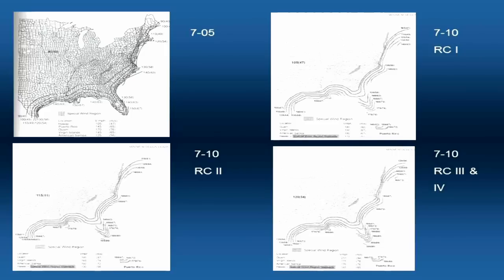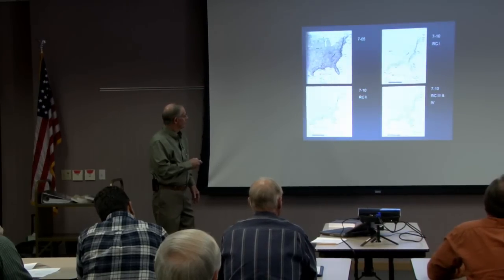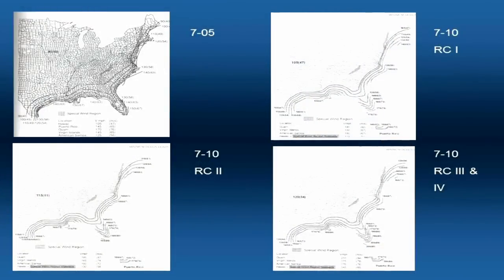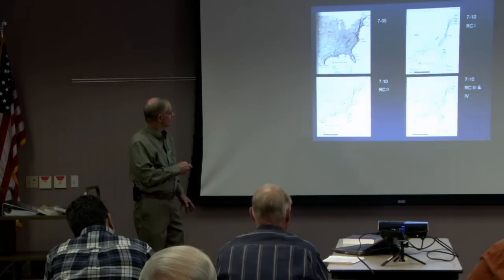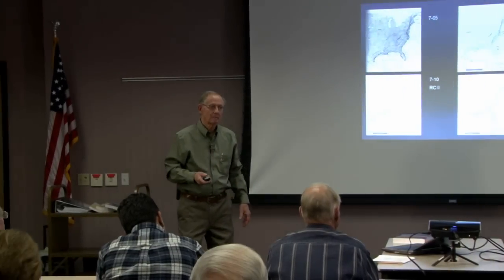In the ASCE 7-10, this is the risk index. We have a Category 1, a Category 2, and a Category 3 and 4 wrapped in this 3rd map. All of these maps have the same contour lines on them, but the wind velocities are higher on one than they are on the other. So we're going to end up with 3 different maps instead of 1 map, and we don't have an importance factor in the equation. And that's the main difference in that system.